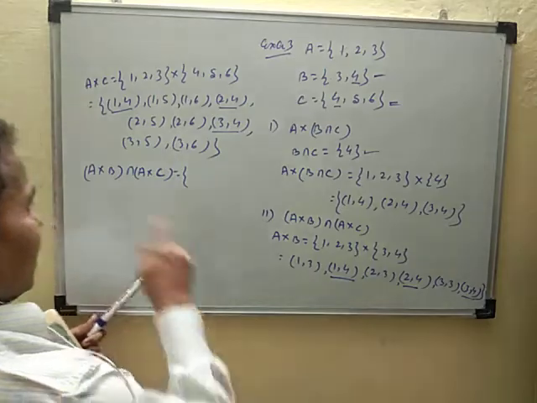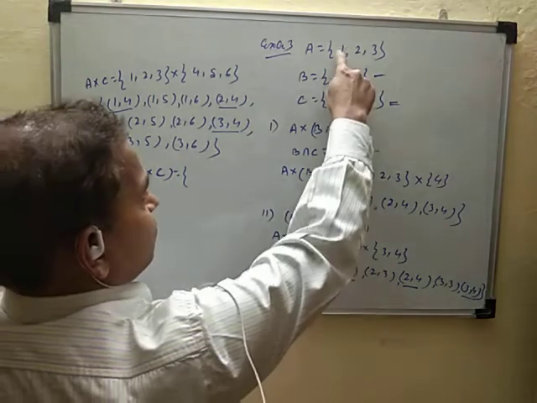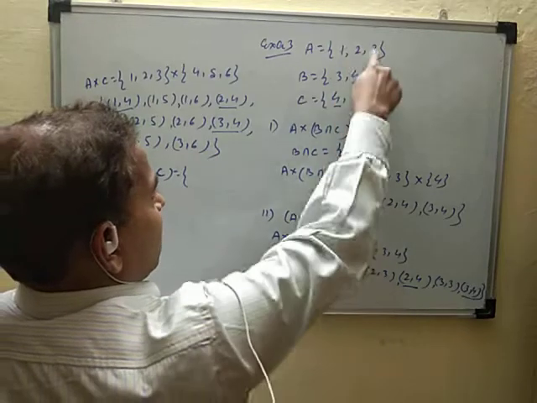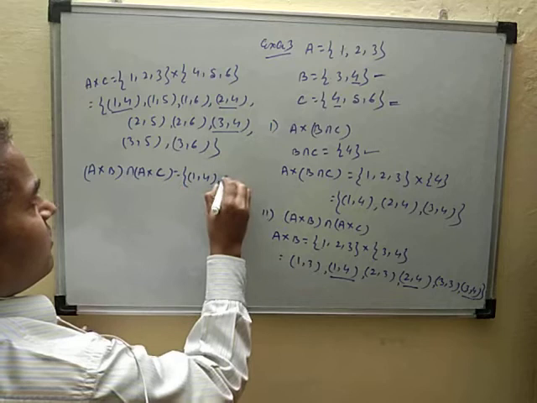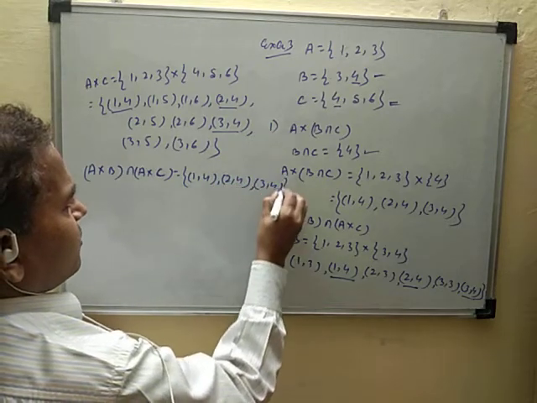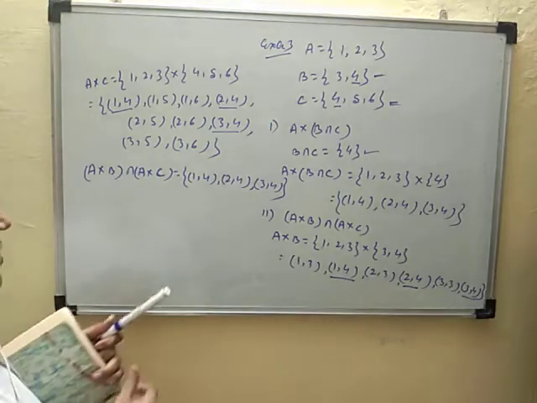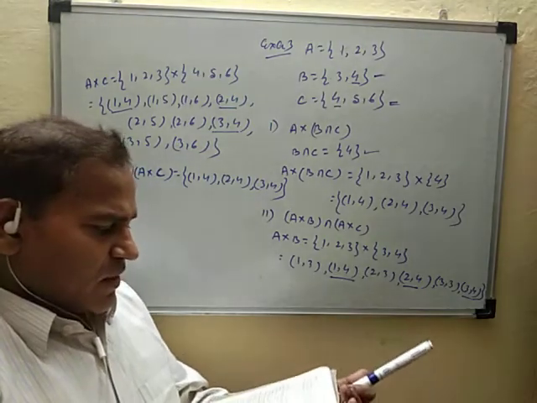So what is common? (1, 4), (2, 4) and (3, 4). This is (A cross B) intersection (A cross C). You can find the same.